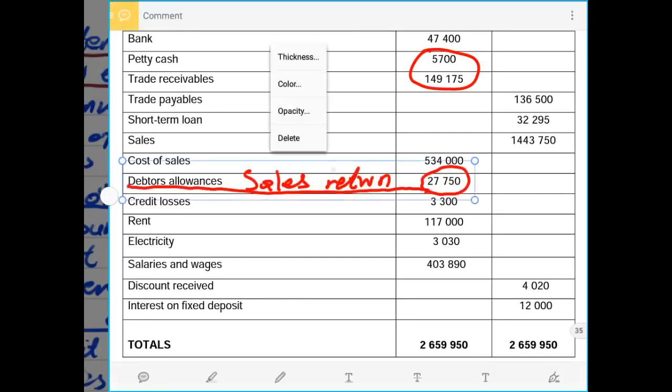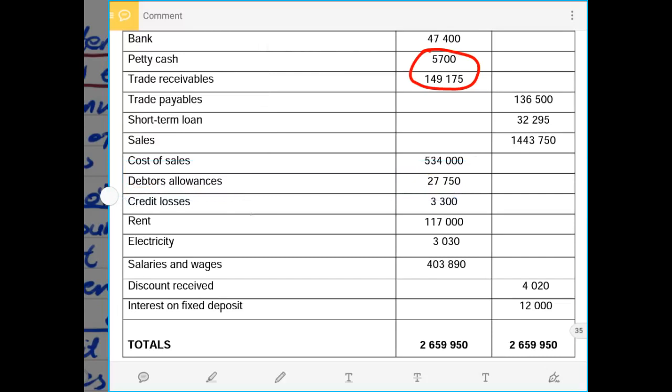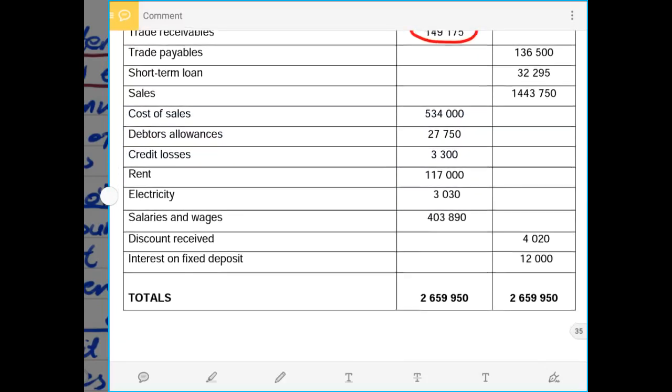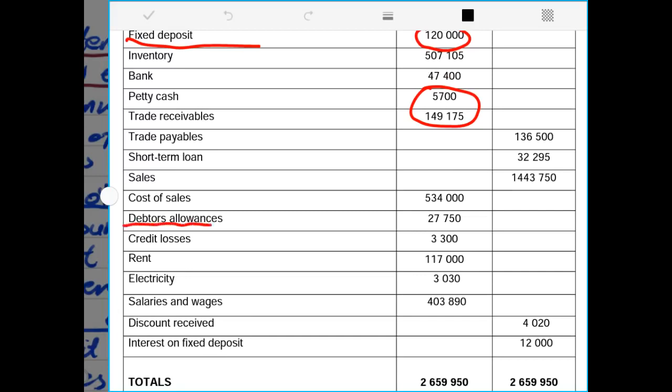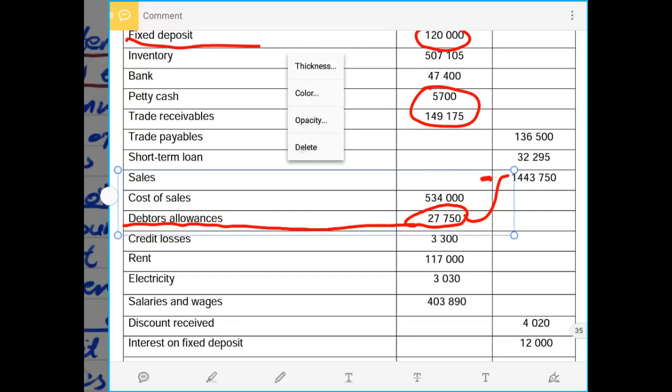When we did subsidiary journals last semester, we accounted for this. That will mean that the amount of debtors allowance must reduce our sales. Here is the amount of the sales. Therefore, this has to be subtracted from our sales when we do the income statement.